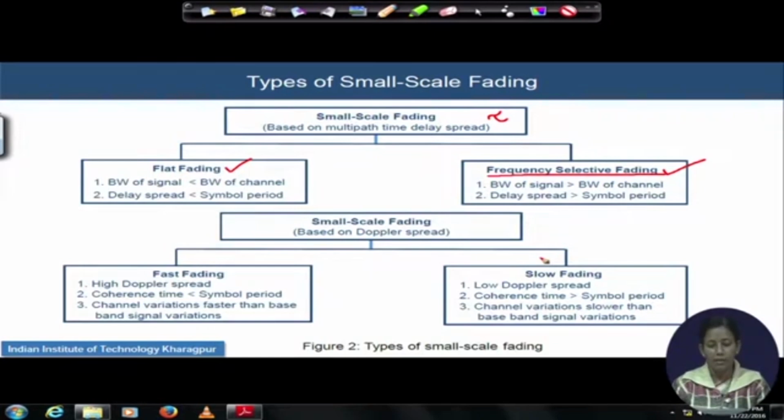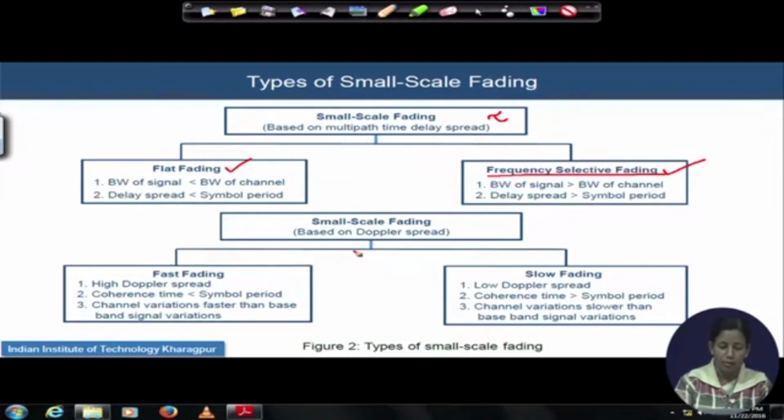Small scale fading based on the Doppler spread. This is related to movement, where some velocity of the receiver is involved with respect to the transmitter, because of which the received signal frequency spreads, and that is why we call it the Doppler spread.